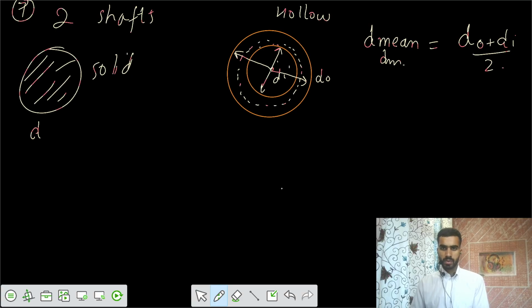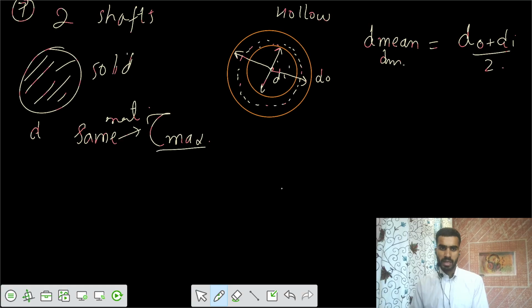One more thing is that the material is the same. These two shafts are of the same material, which means tau max is the same for both.